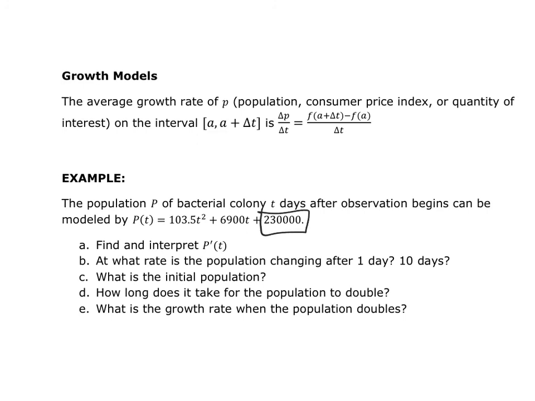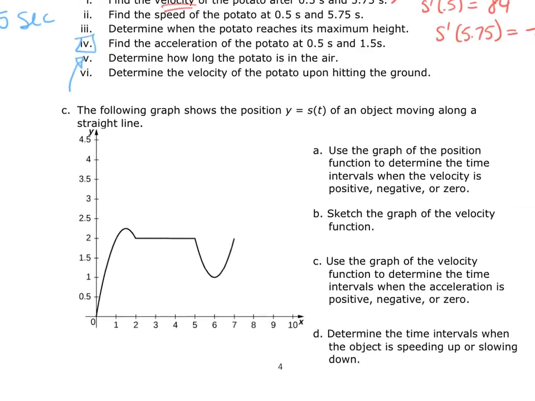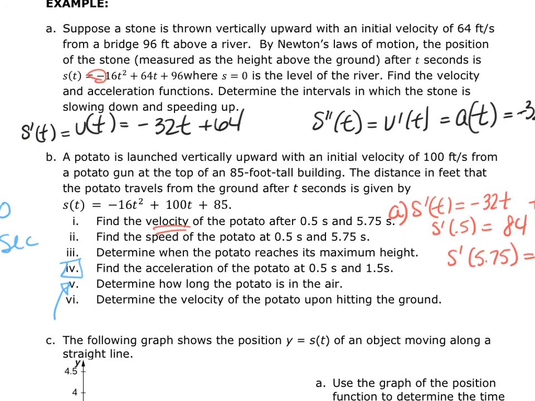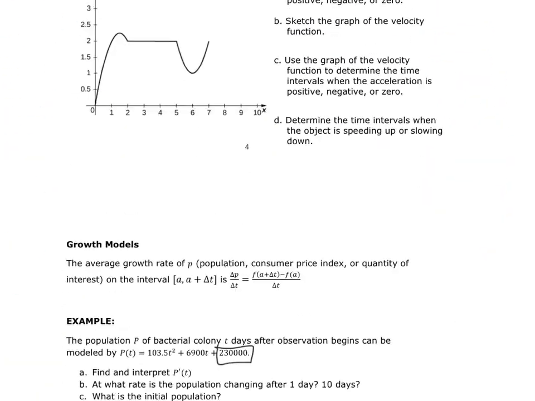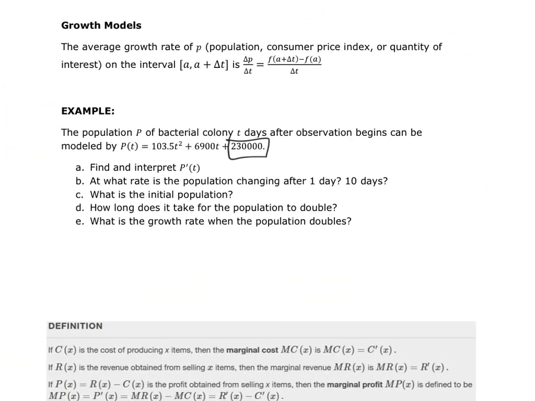It's always the constant. So there's the initial population of the bacteria. And then up here, the initial height of your potato is 85 feet. Initial height of your projectile is 96 feet. So that constant is always the initial height, in this case height, or down here, the initial population.